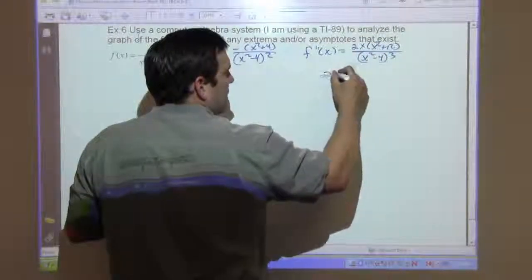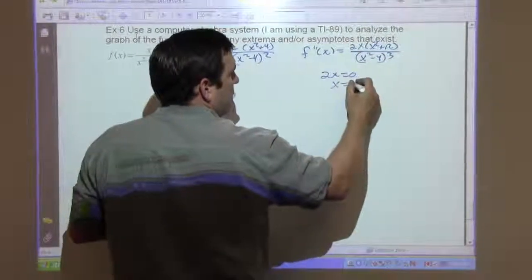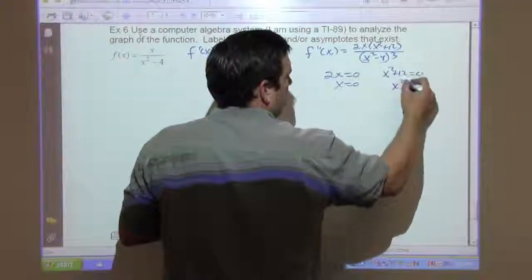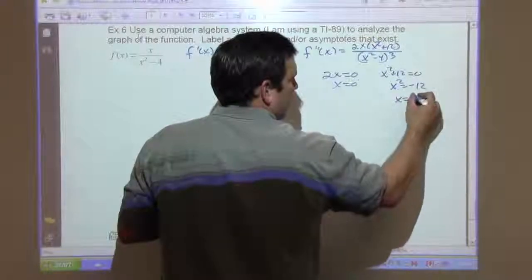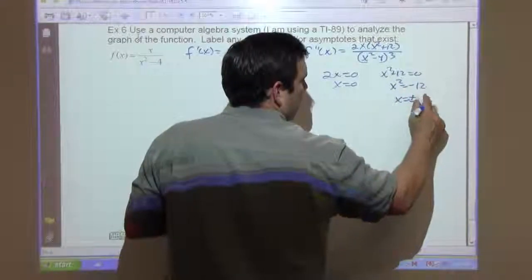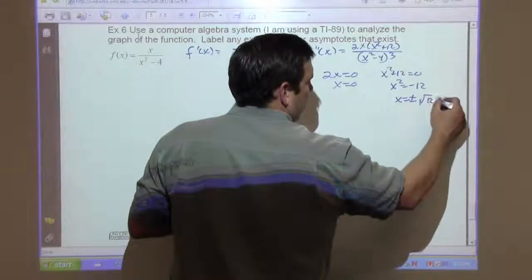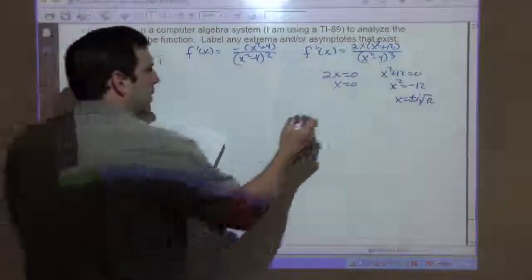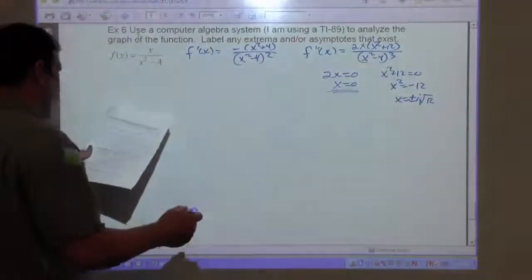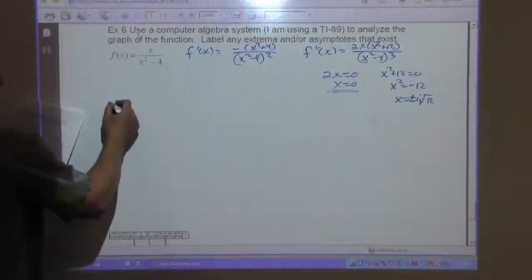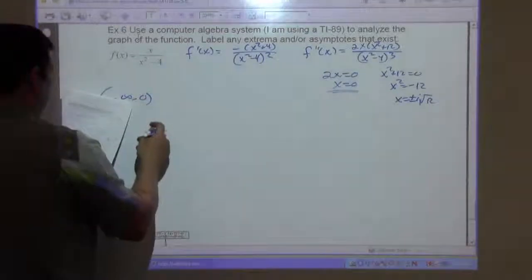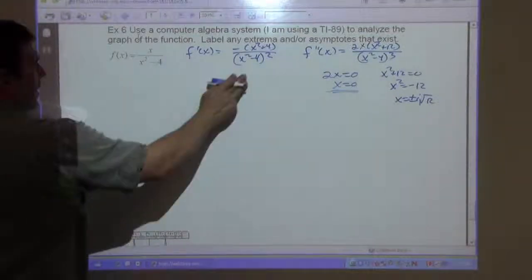From here, 2x equals 0 when x is 0. X squared plus 12 equals 0 means x squared equals negative 12, which means x equals plus or minus i times the square root of 12, not real. So we only have one value to really consider here, x equals 0. So if we go negative infinity to 0, well, we have the asymptotes too.